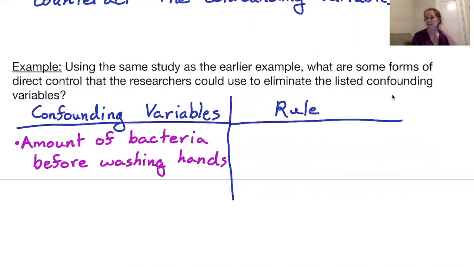So what we might say, and this is an example that your textbook actually used, is we might say everyone handle raw chicken for 5 minutes before washing their hands.